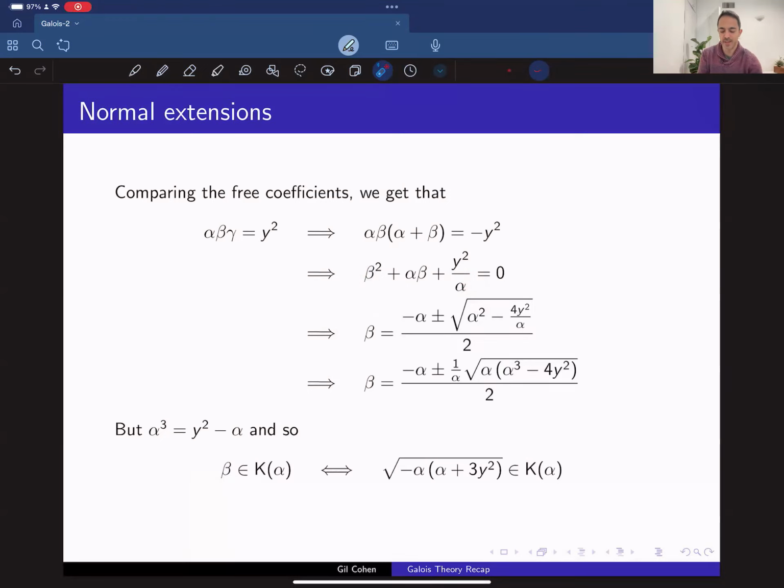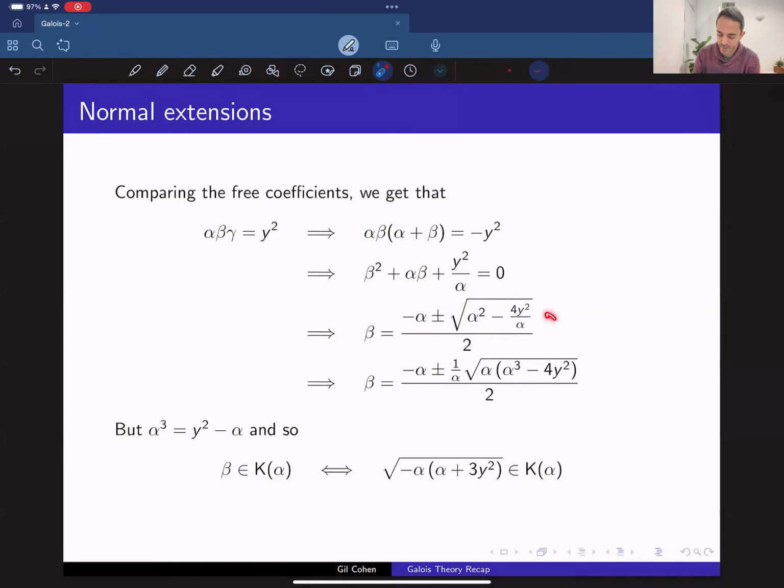So, solving this quadratic equation, and I'm assuming a characteristic that's not 2 for now, beta is minus alpha plus or minus the square root of the discriminant, over 2. I'm cleaning up this discriminant by dividing by 1 over alpha and multiplying by alpha. Then the alpha factor gets inside the square root as an alpha squared.